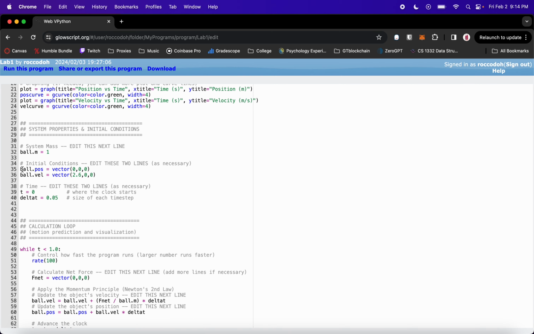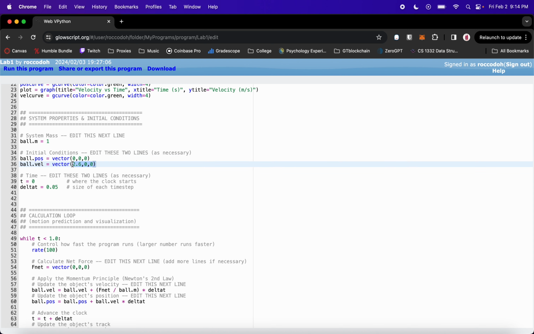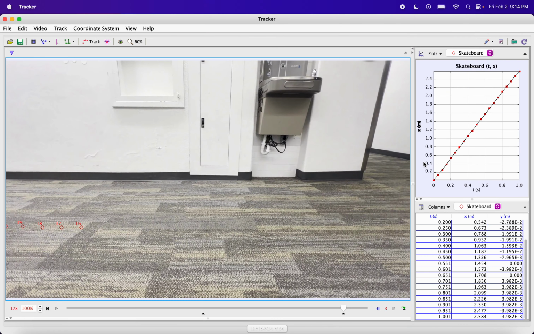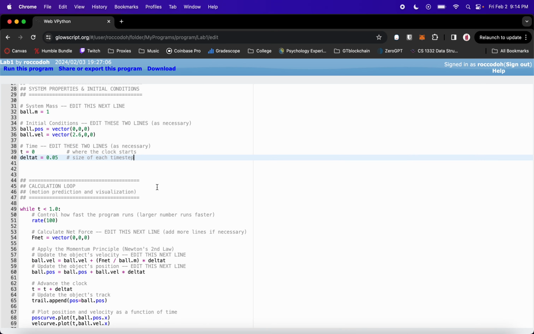measuring the ball's initial position, which I set at 0, its initial velocity, which I set to 2.6, and every time step is going to be 0.05, which, as you can see in Tracker, that's every frame increases by 0.05 seconds.